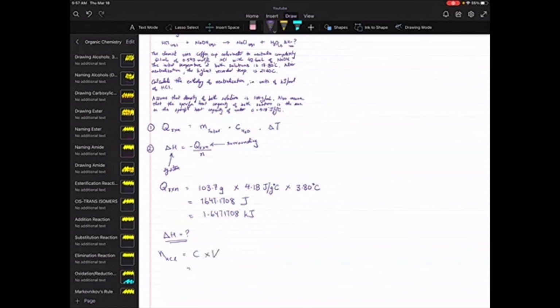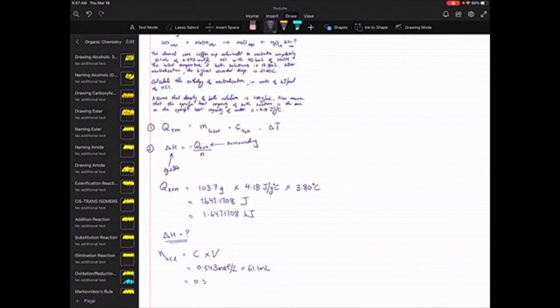C, again, this is coming from grade 11. C is 0.543 moles per liter. They gave us that information, times 61.1 mL. Before we multiply, if you see the volume is in milliliters, we need to convert that into liters.